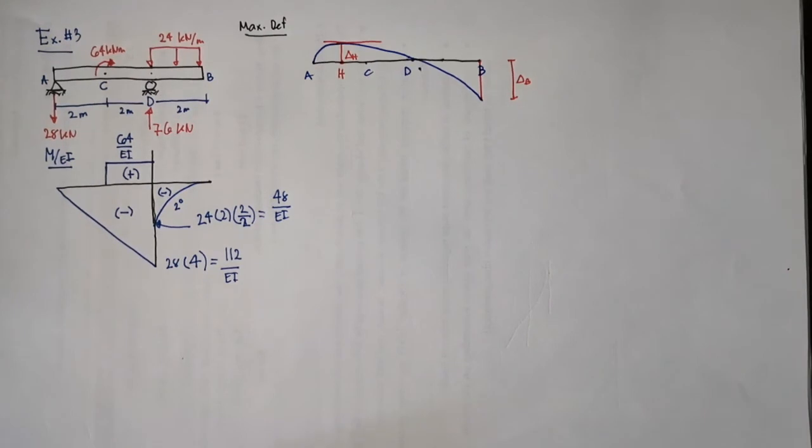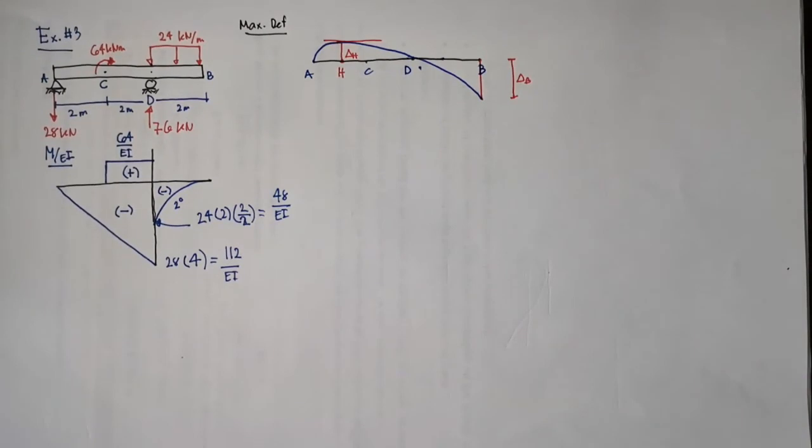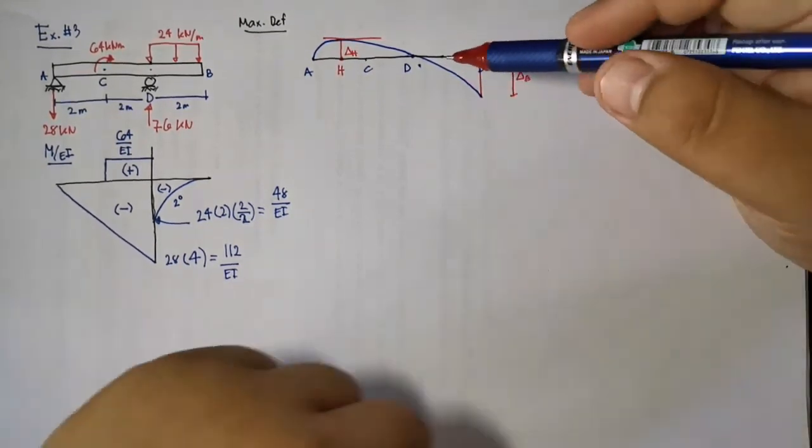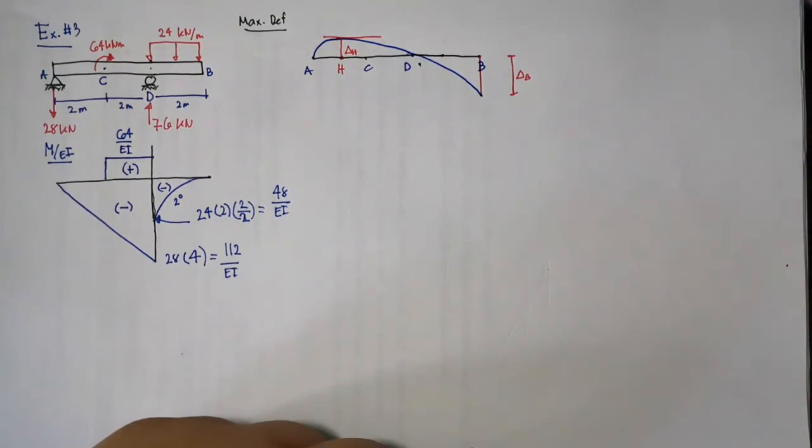Let's solve delta B first. Since this is a simply supported beam with overhang, loaded until the end, it is case 4, not the one without load. When there is load, we just have to find a tangent line.